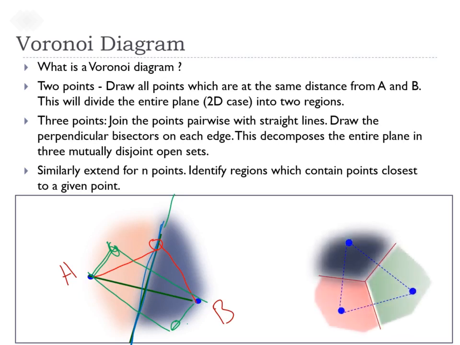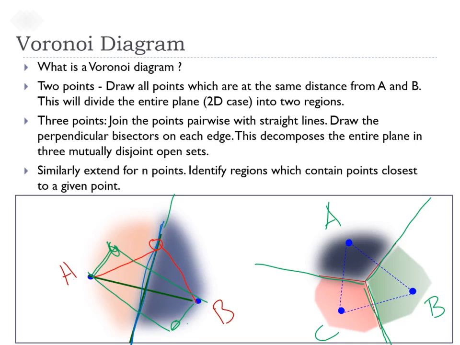Coming to 3 points, we have 3 points shown here, A, B and C. So we pairwise join them and draw perpendicular bisectors as is shown here. You know that these three perpendicular bisectors will be meeting at a point.